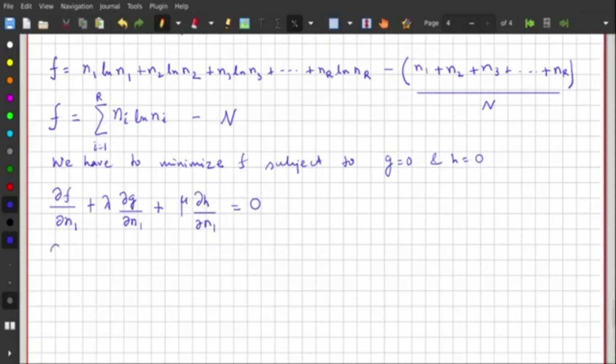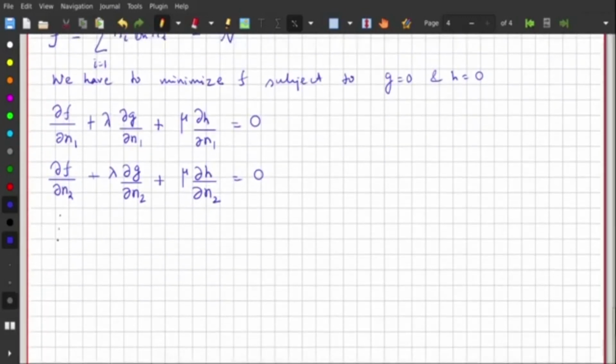Like that we can write partial f partial n2 plus lambda partial g partial n2 plus mu partial h partial n2 equals 0. Okay, and this we can write for all of the r energy states: partial f partial nr plus lambda partial g partial nr plus mu partial h partial nr equals 0.